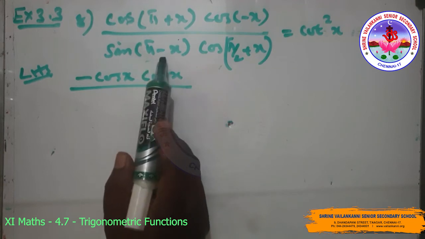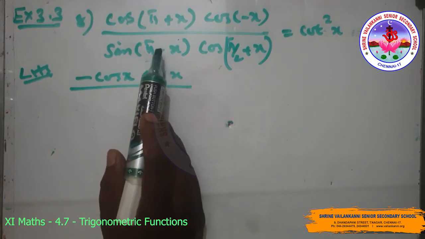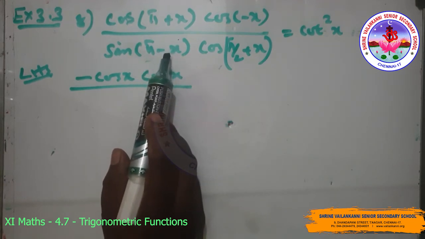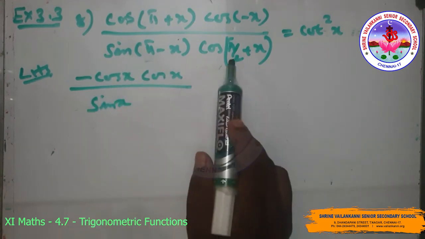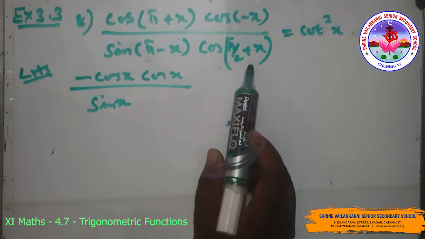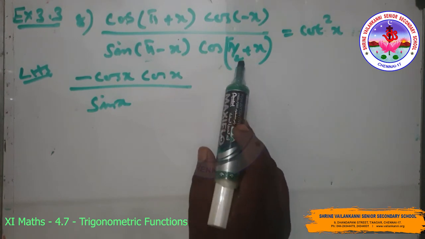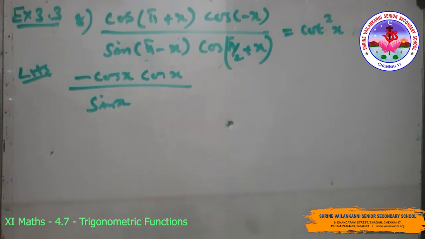So pi minus x lies in the second quadrant. Here sin and cosec are positive, so sin x. Cos of pi by 2 plus x lies in the second quadrant. In the second quadrant, sin and cosec are positive.